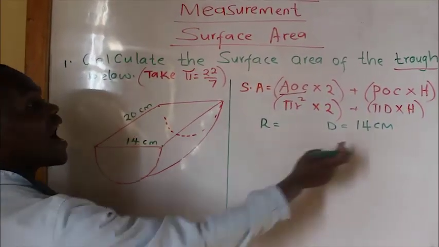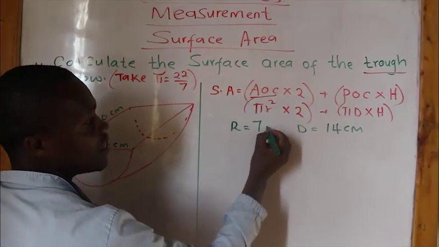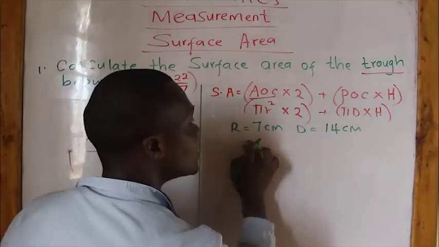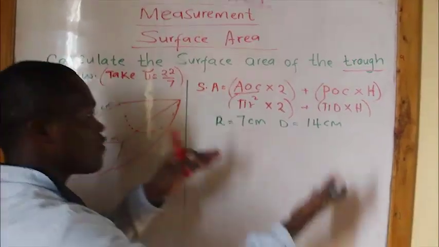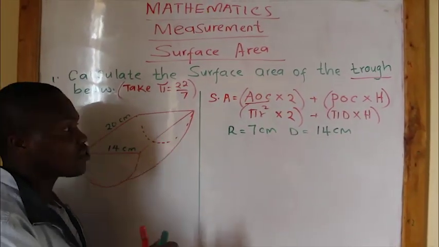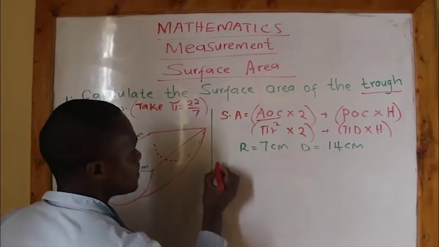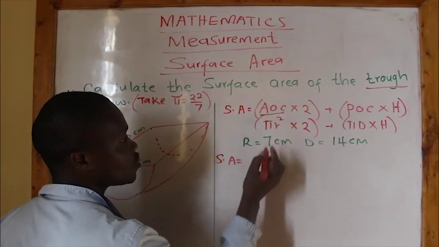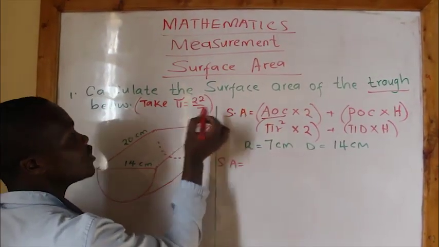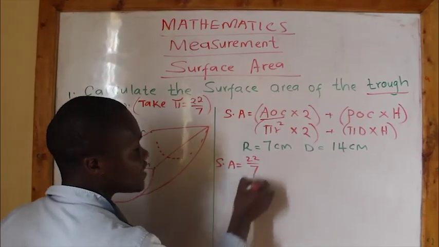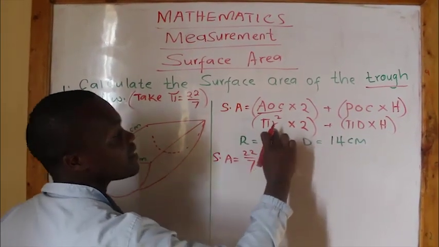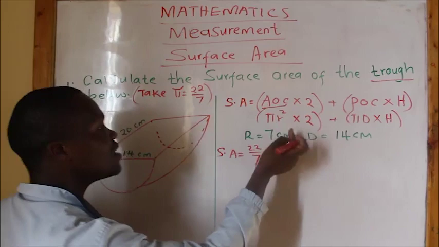The radius is half of the diameter, that is 7 centimeters. So with this one, we will not be having a problem of referring back to the figure again. So let us begin our work. Surface area is equals to pi, we have been told, is 22 over 7 times the radius is this. So we don't need to go back here.